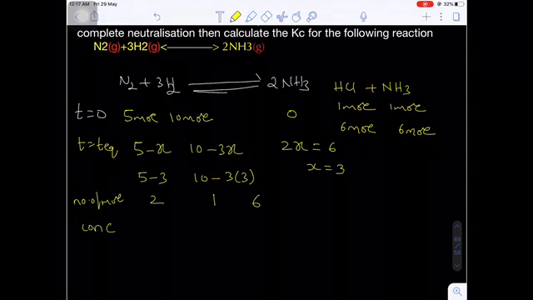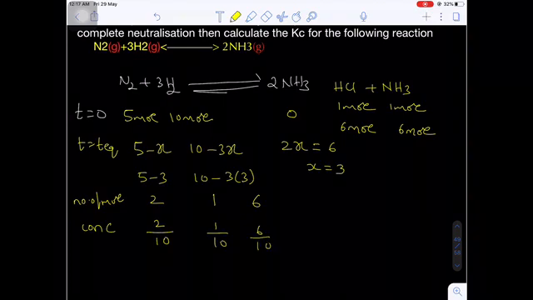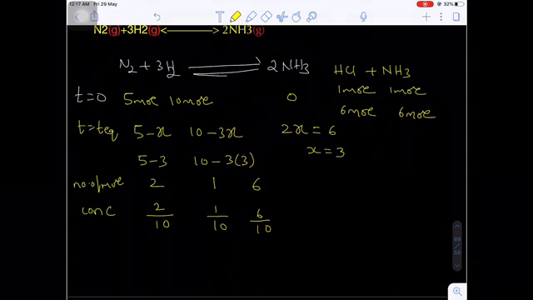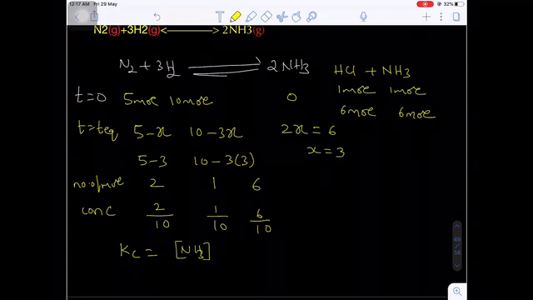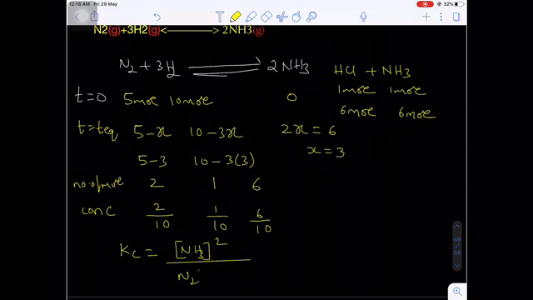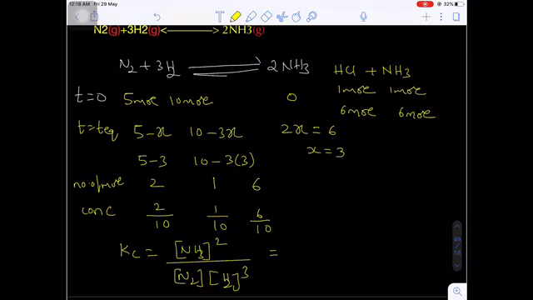Now to calculate the concentration, we have to divide by the volume of the container, so we get the number of moles of species per liter. Now Kc is equal to ammonia concentration whole square divided by nitrogen concentration into hydrogen concentration whole cube.